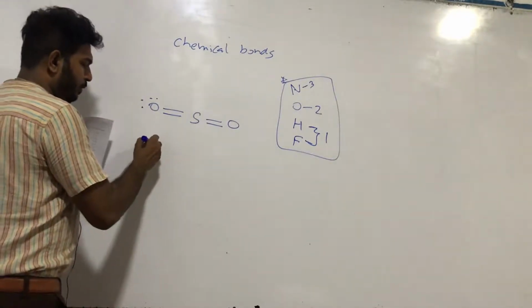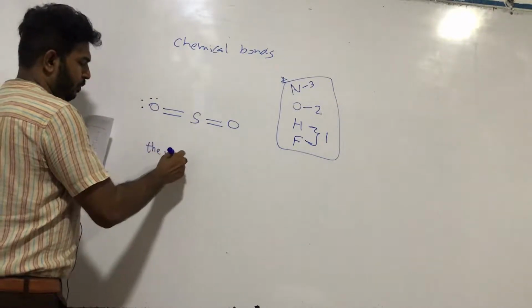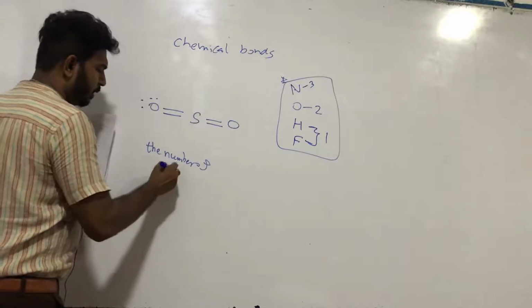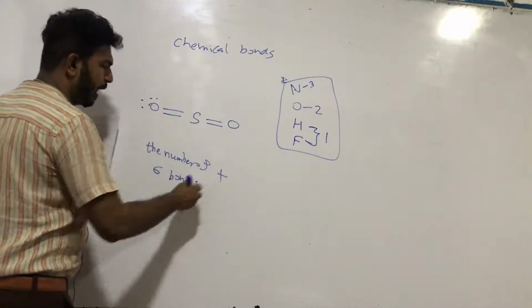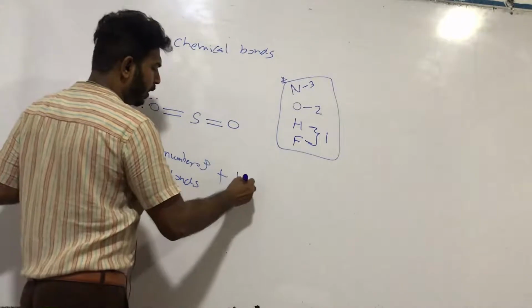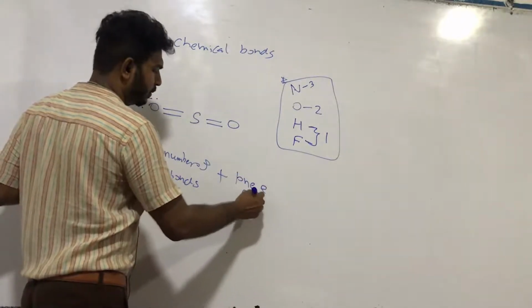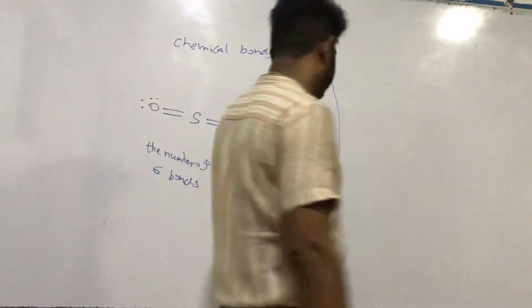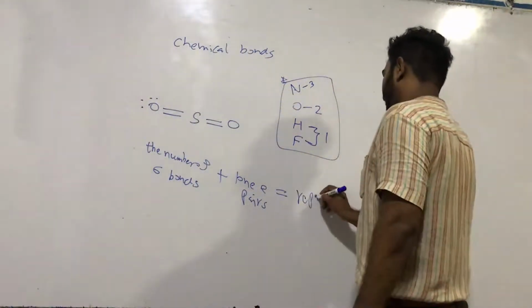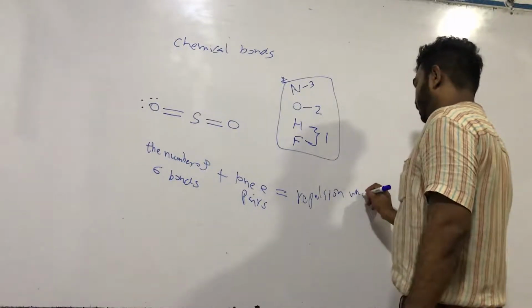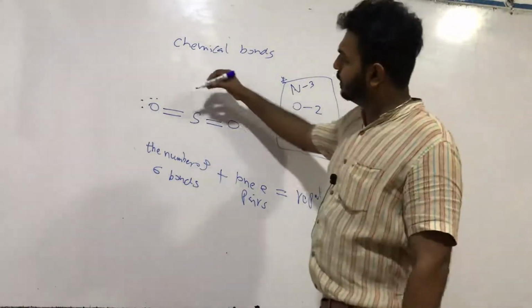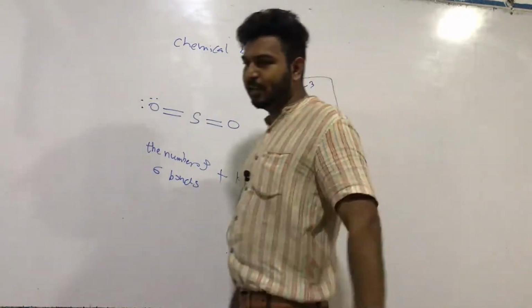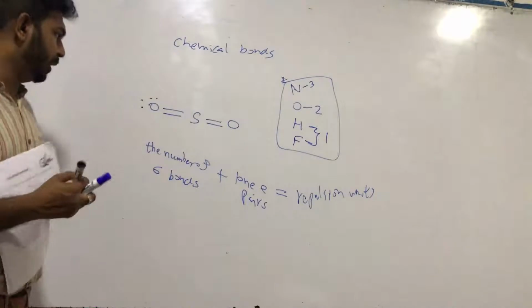The number of sigma bonds plus lone electron pairs are called repulsion units. So here there are only 6 repulsion units, not 8 repulsion units.